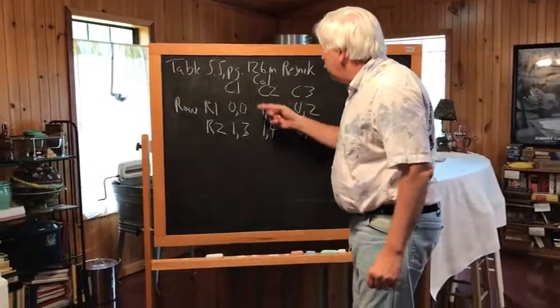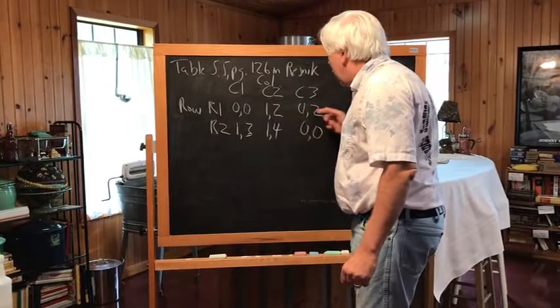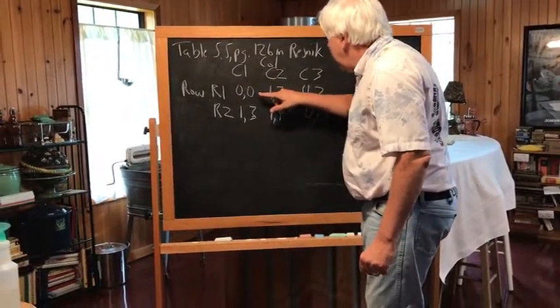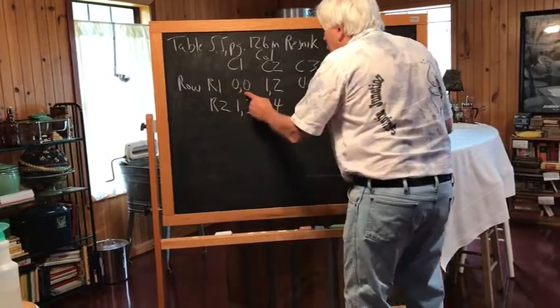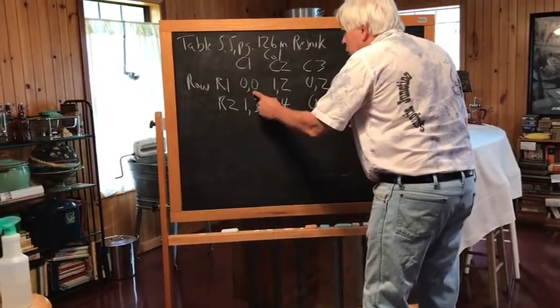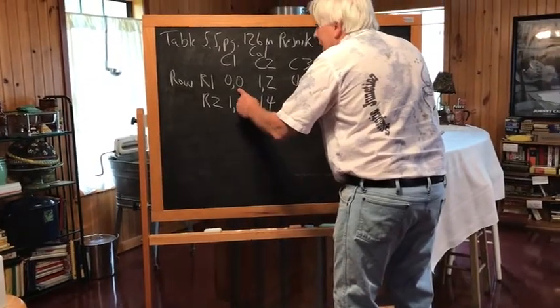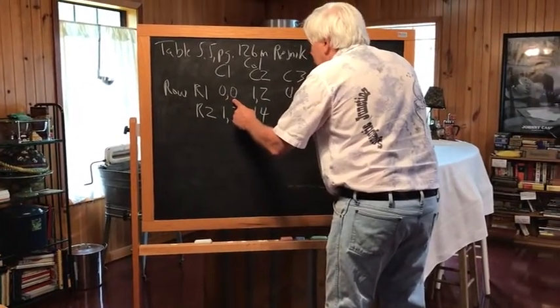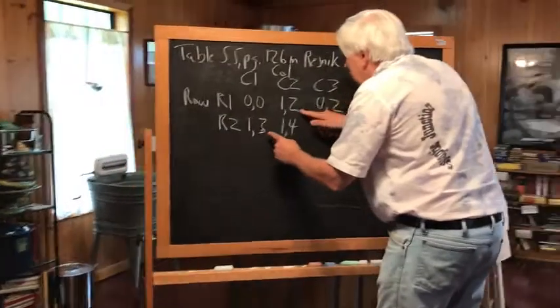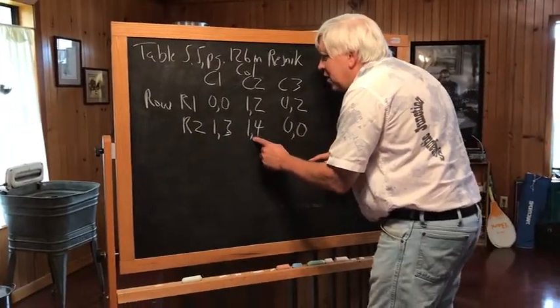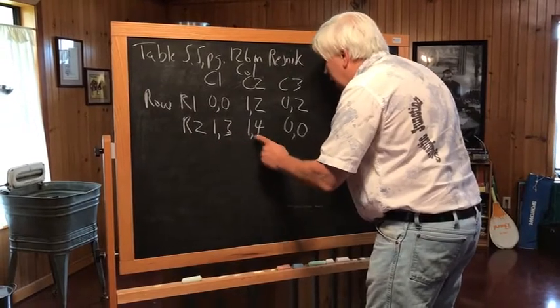If column is reasoning about which of these to play, column will notice that if row plays R1, column will do better by playing C2 or C3 than by playing C1. But if row plays R2, column will do better playing C2 rather than C1 or C3.